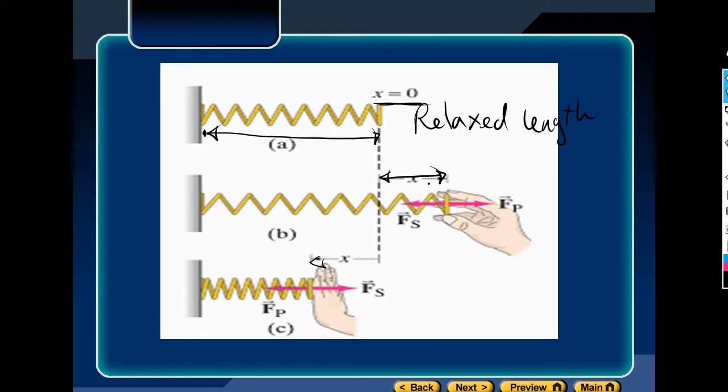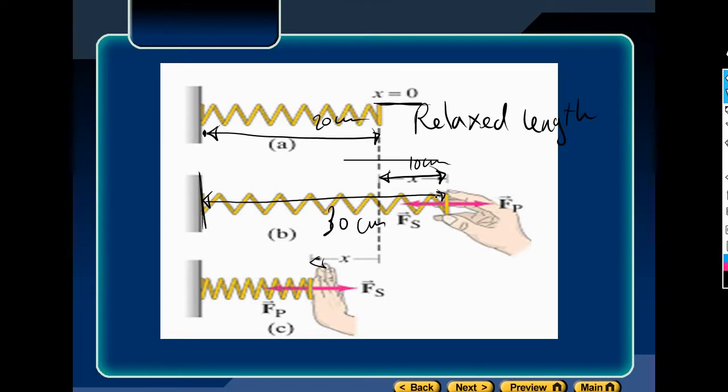That is x. It means if any problem gives you the whole length from here to there, for example he says from the wall to the stretch point it will be 30 centimeter, and he says that this spring starts from 20 centimeter, it means the stretched length is just 10 centimeter.